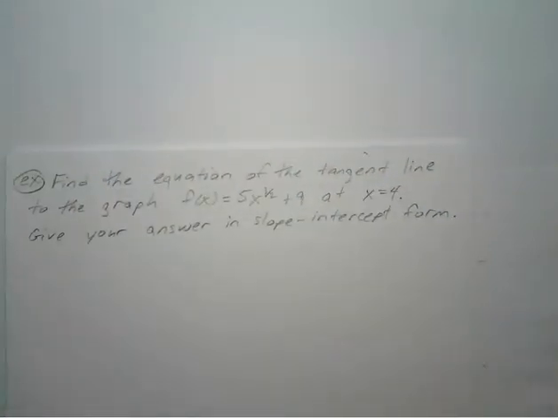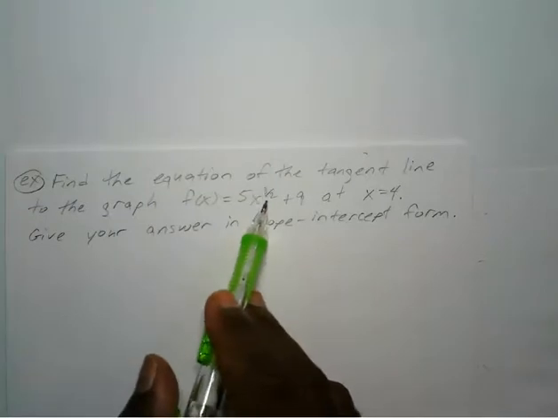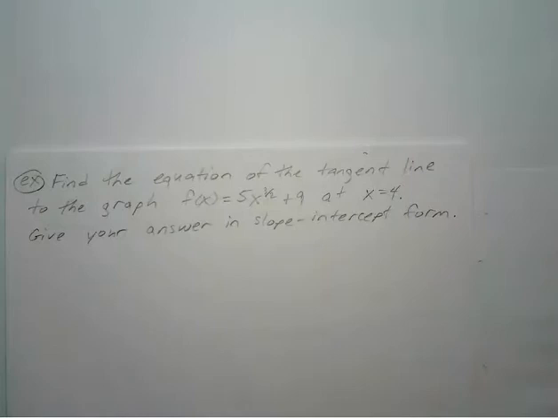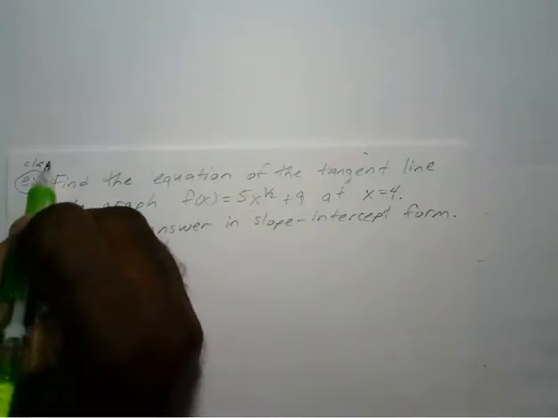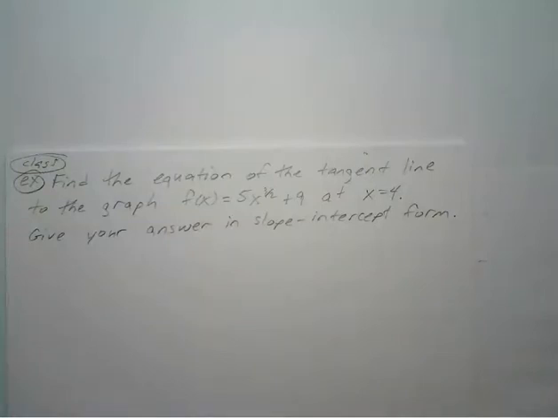So what if we wanted to find the equation of the tangent line to the graph f of x equals 5x to the 3/2 power plus 9 at x equals 4. And give your answer in slope-intercept form, which is y equals mx plus b. Alright, so what I want you to do is go ahead and press pause and try to work this one out on your own.